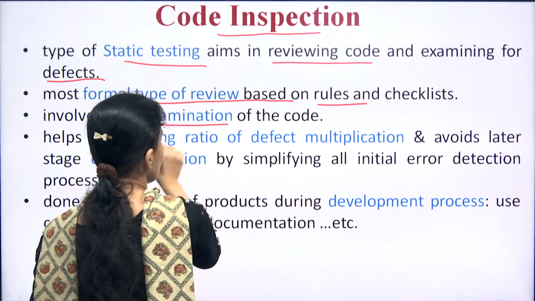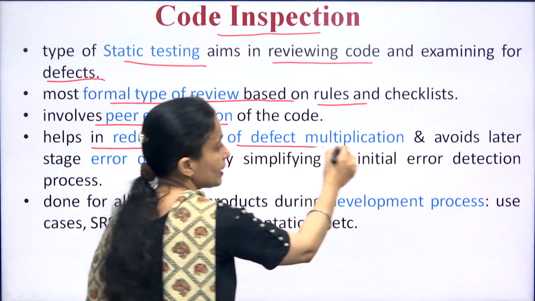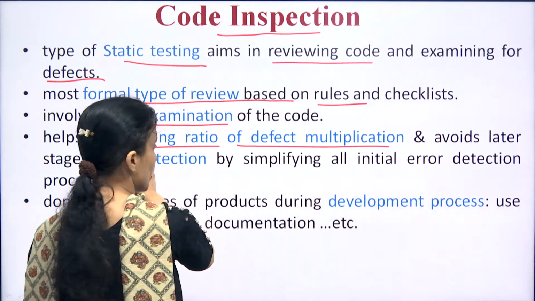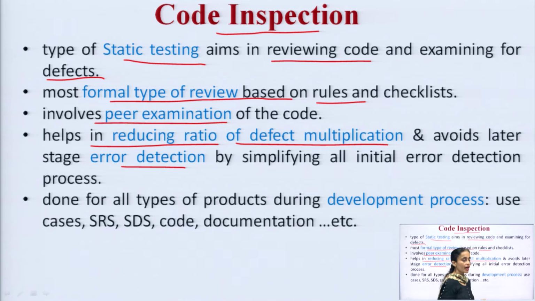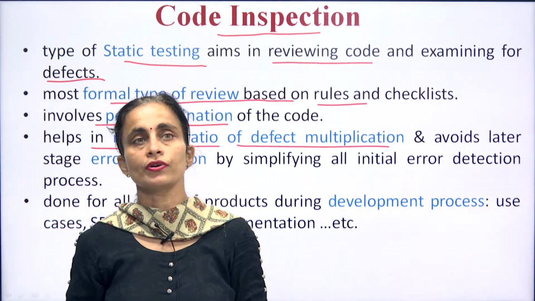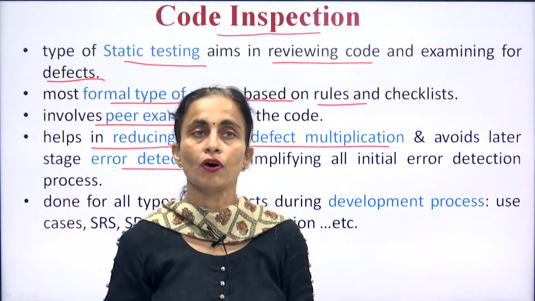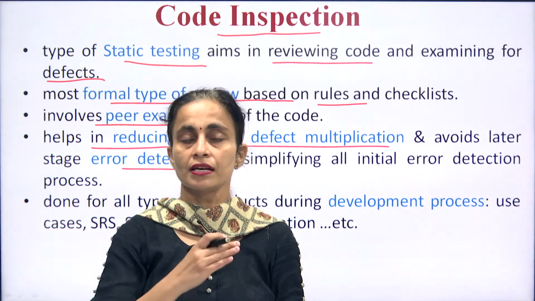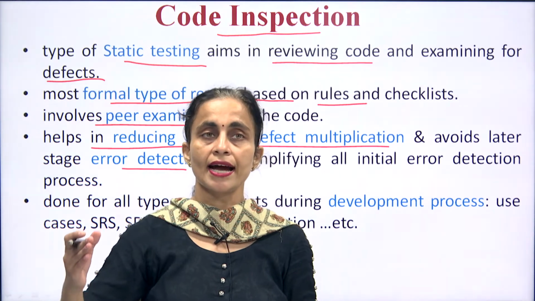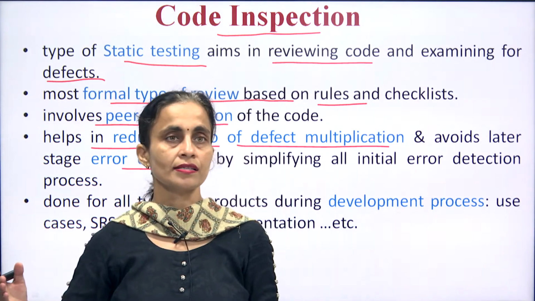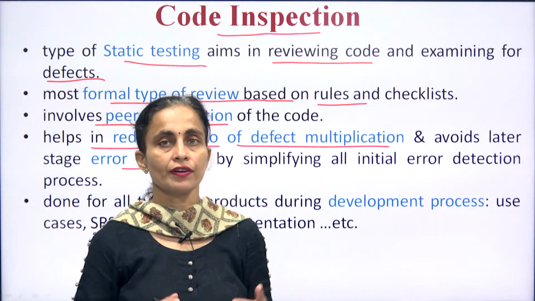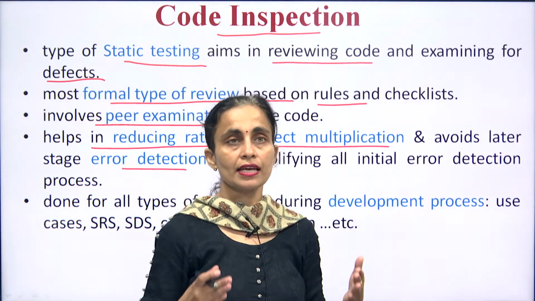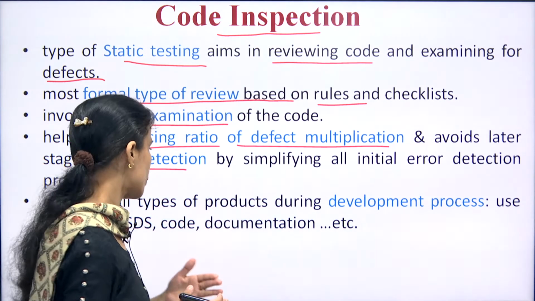It helps in reducing the ratio of defect multiplication, and defects are avoided at the later stages of error detection. As we know, if the error gets detected in the earlier stages, it reduces my product cost. If it is carried through the stages and detected in the last stage, then the testing cost will increase, which increases my software product cost.